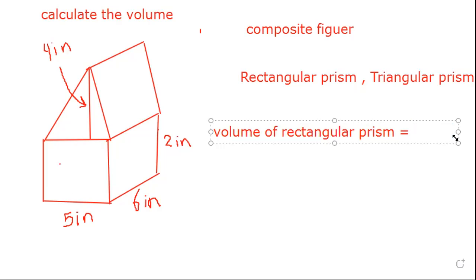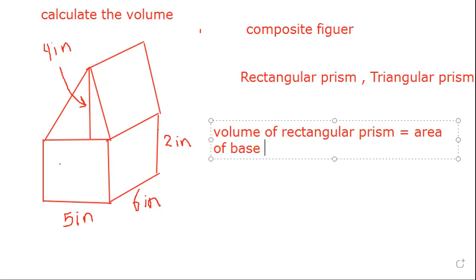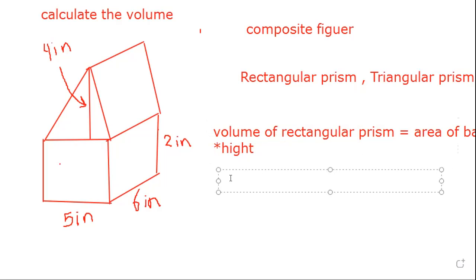The volume of a rectangular prism equals area of base times height. The area of base here, the base is a rectangle, so the area is 5 times 6 equals 30. So this is the area of base.